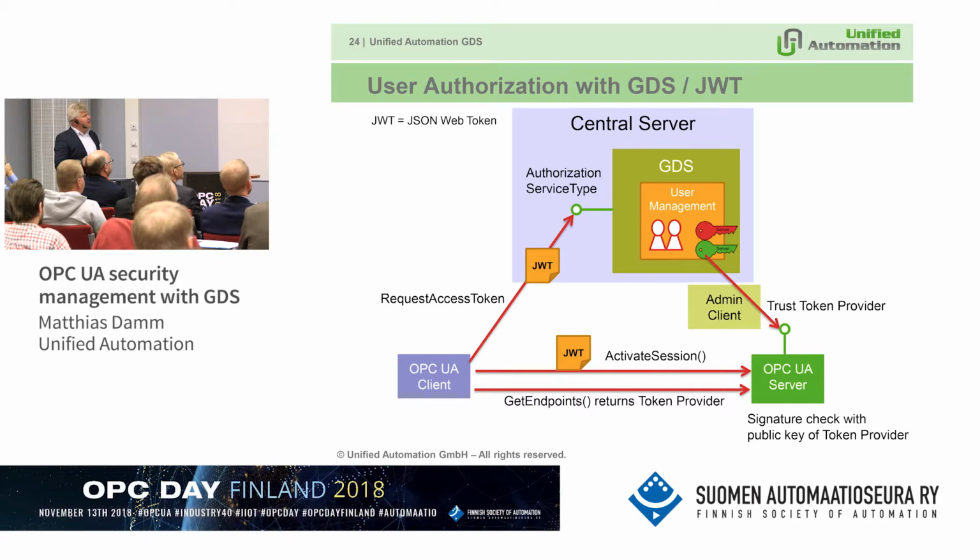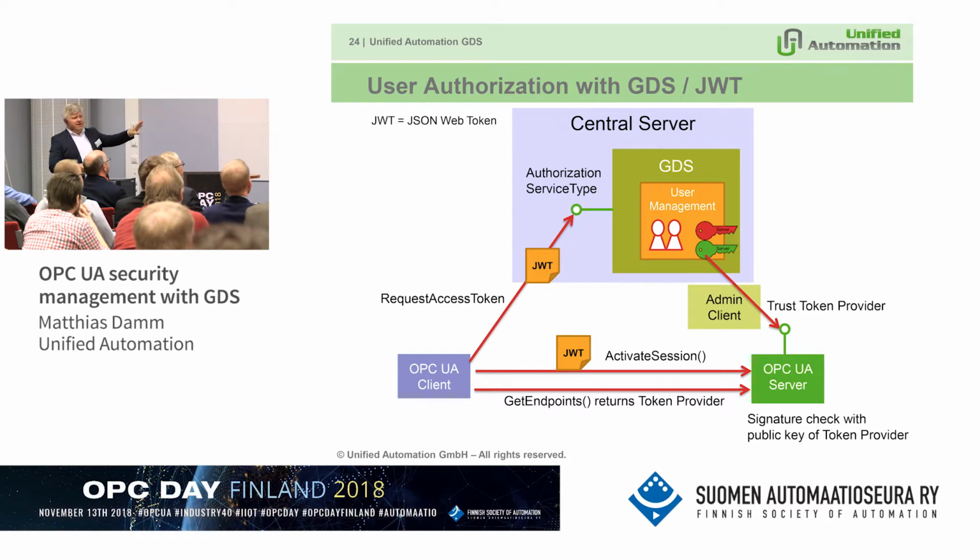Then the client can request such a JSON Web Token, JWT, from that token server through a standard OPC UA method on an additional interface that we defined in OPC UA 104 called Authorization Service Type. And this can then be used to establish the connection with the server. The advantage here is you can manage the users and the passwords in a central place.